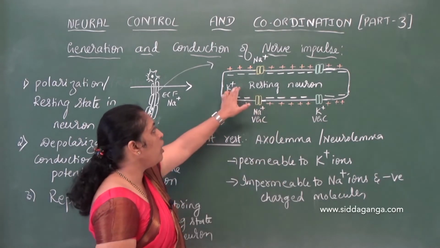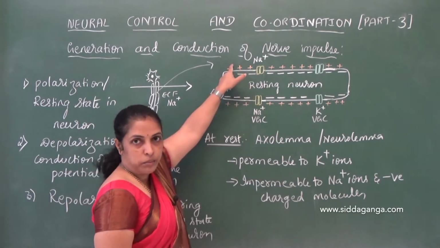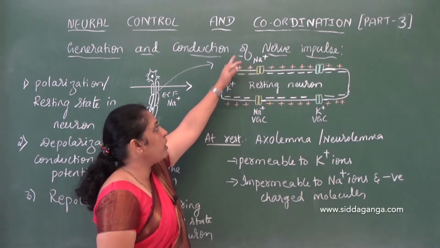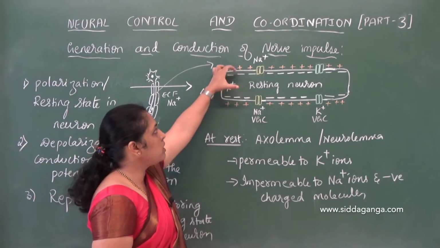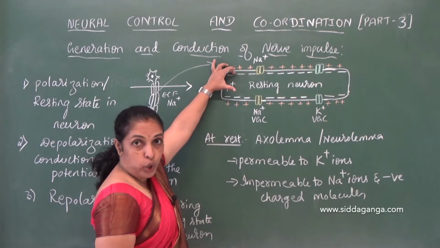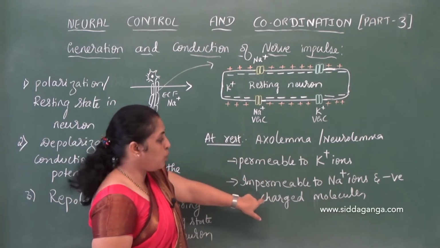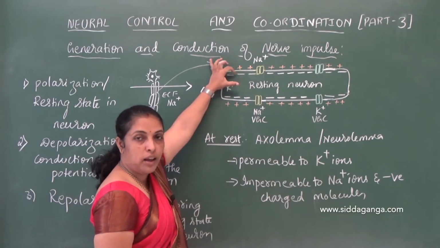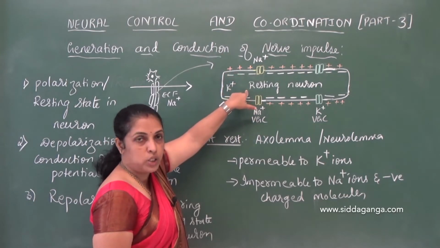So potassium moves out of the axoplasm to the extracellular fluid, and the membrane is impermeable to sodium ions, so sodium does not enter the axoplasm.